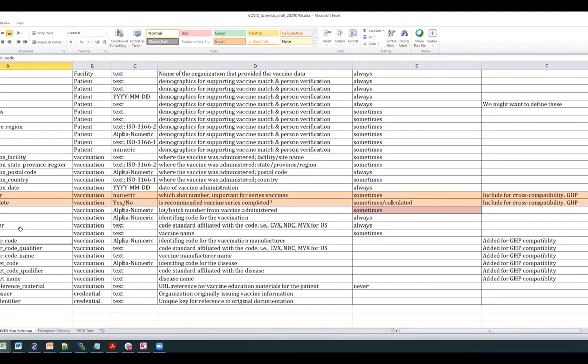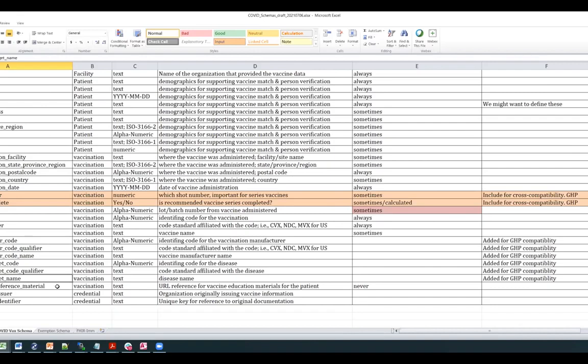These follow the similar structure of code, which would hopefully be slightly more universally compatible, as well as the qualifier and the name. And disease target is the same thing. I don't know if there are any thoughts or comments you want to add, but those have been added for compatibility to Good Health Pass.